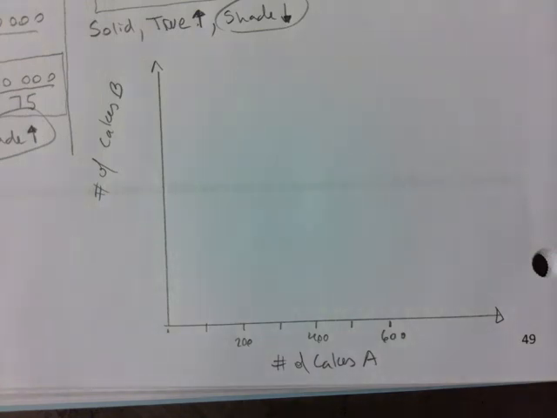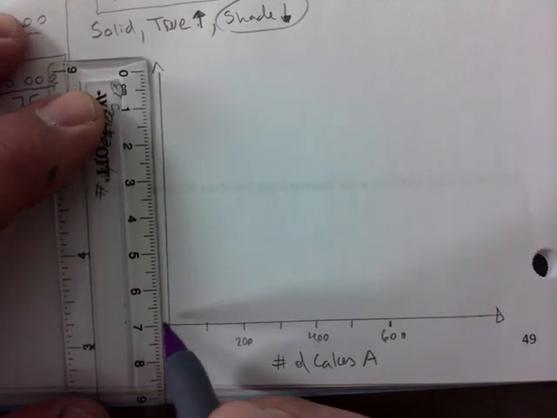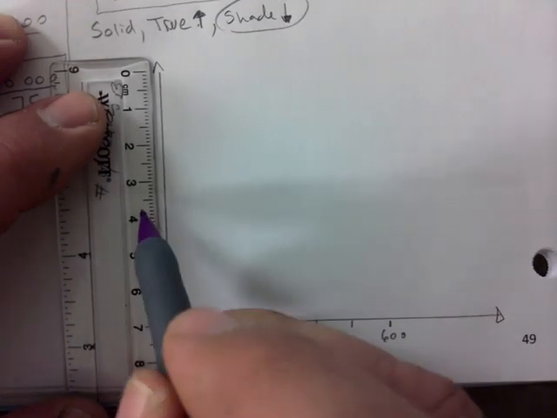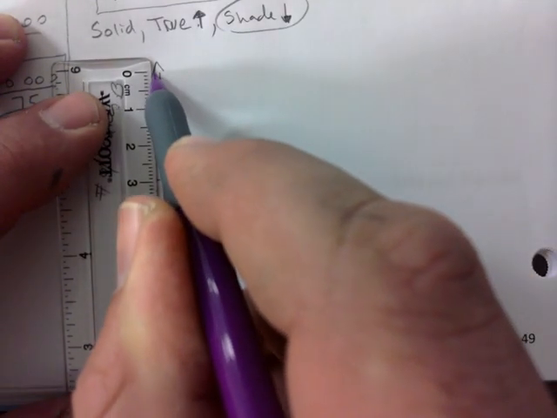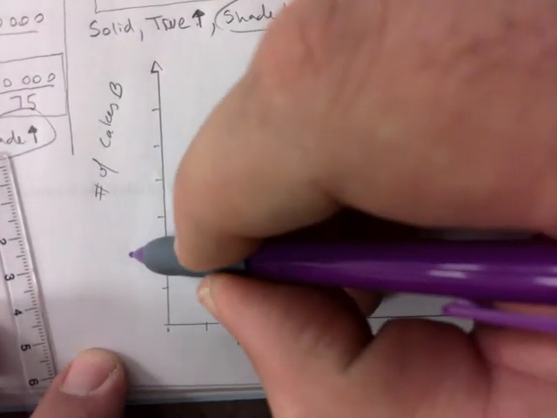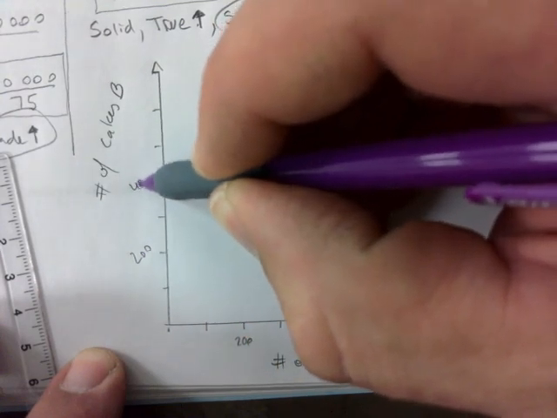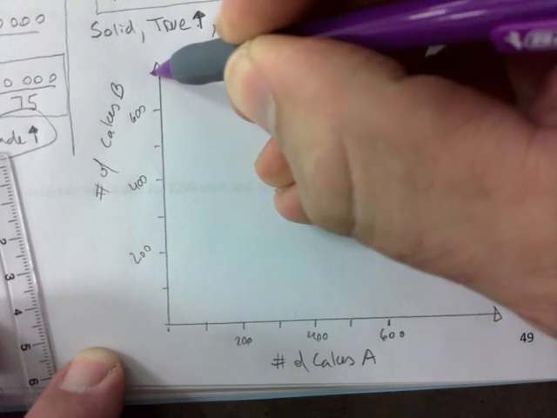I'm going to use the same amount, but just make sure the 700 fits in. Let me see here. 1, 2, 3, 4, 5, 6. It just fits. So you might have to increase your scale. 700 is up here.